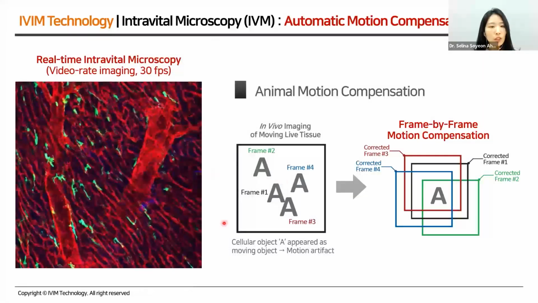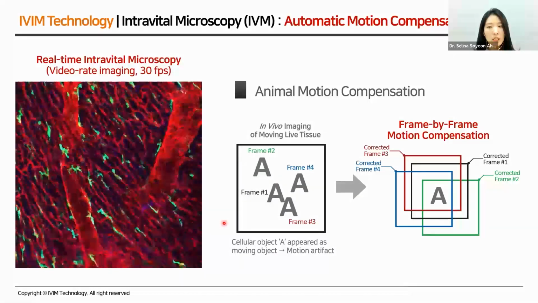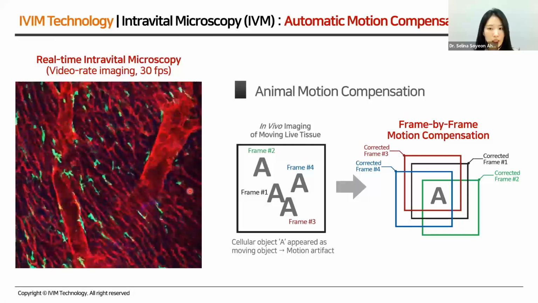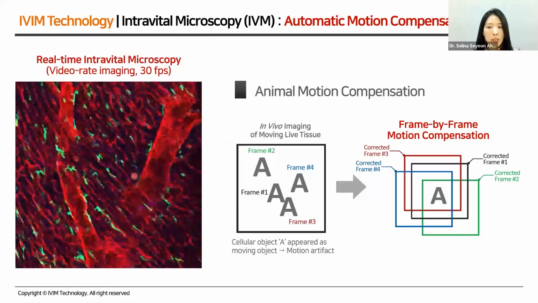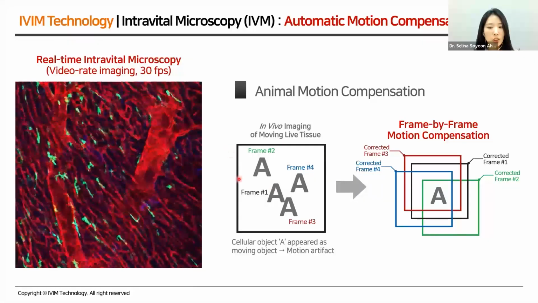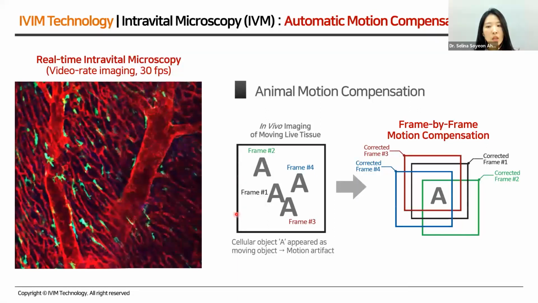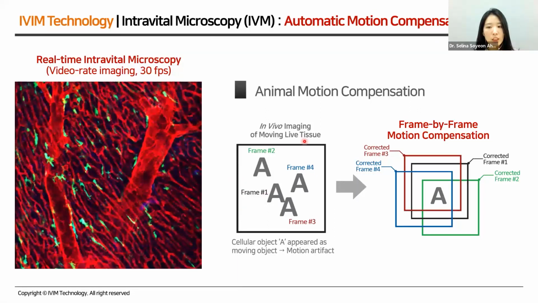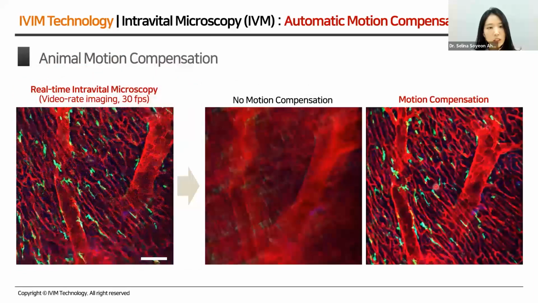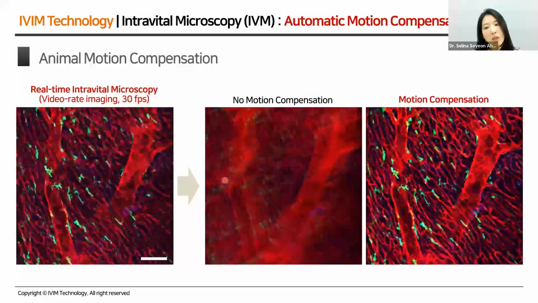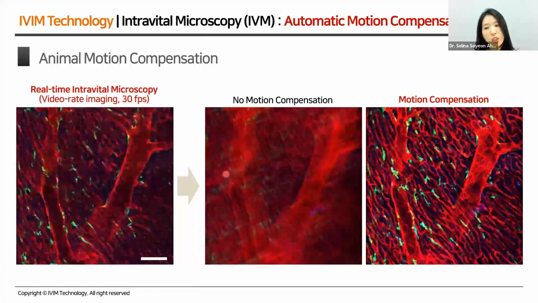In addition to ultra-fast imaging, IVIM's intravital microscopy is fully integrated with the animal motion compensation function. It enables automatic, hassle-free, high-precision motion compensated images by facilitating frame-by-frame motion compensation. This is one of the examples of the motion compensation function.